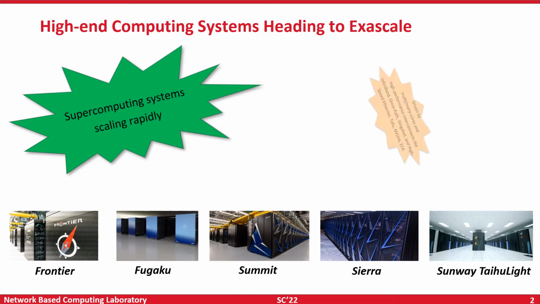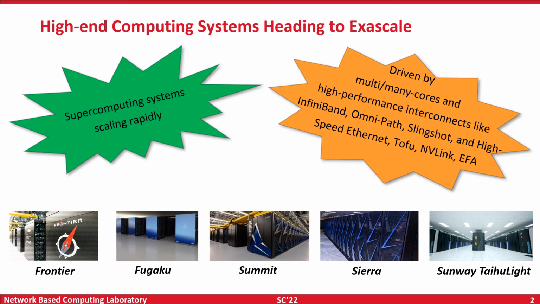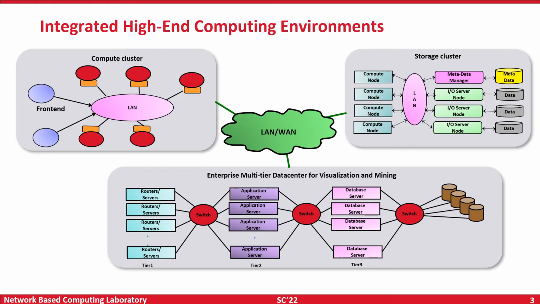And especially these are being designed with multi-core, many-core systems, high-performance interconnects like InfiniBand, Omni-Path, Slingshot, high-speed Ethernet, Tofu, NVLink, and also EFA, etc. Now, in that context, if you take a look at the computing cluster, where you put together a lot of servers and then combine them with a high performance interconnect network, that is your high performance computing cluster.